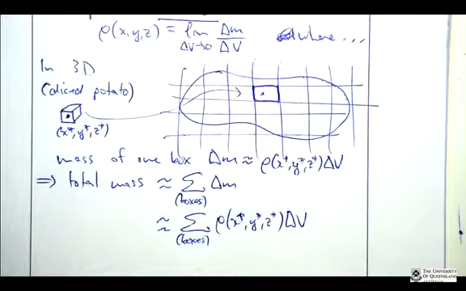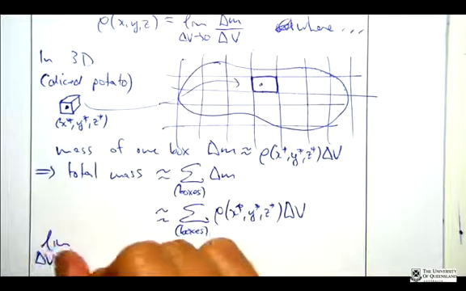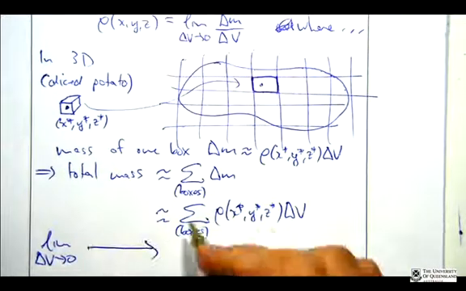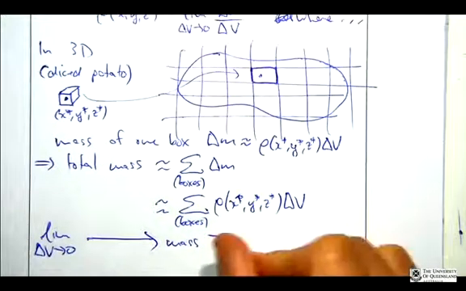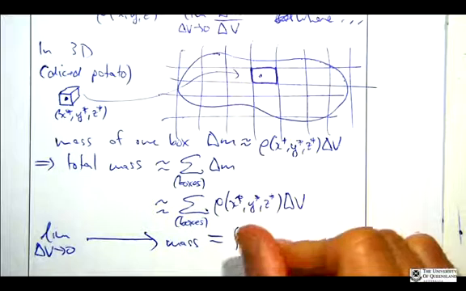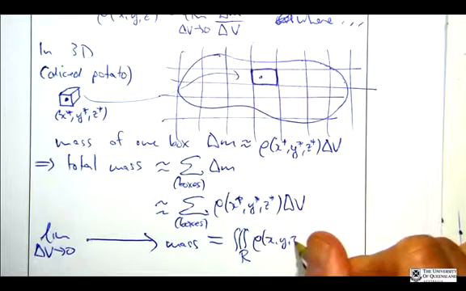times volume. All right, but now hopefully you can see, have a look at the definition of triple integral I gave on the previous page. We take the limit as the volume of these boxes goes to 0, and then we end up with this expression for the mass: it equals the triple integral over the region of this density function.